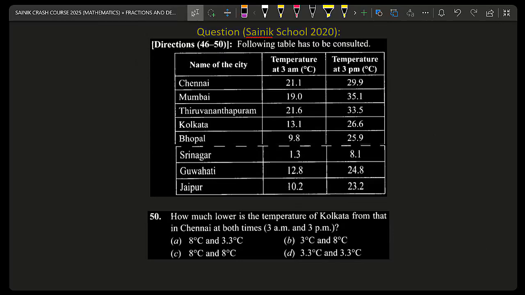Who will give the answer? Raise a hand now. Only 3 students are raising the hand.